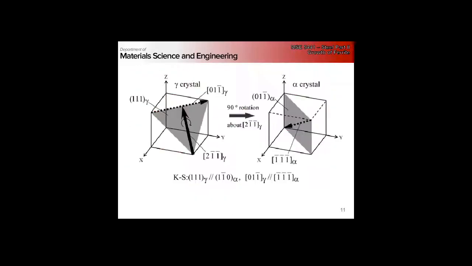So what does this Kurdjumov-Sachs relationship look like? We have the 1-1-1 plane in the austenite parallel with the 1-1-0 plane in the BCC, right?